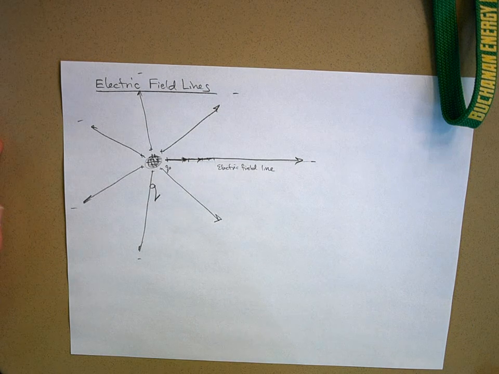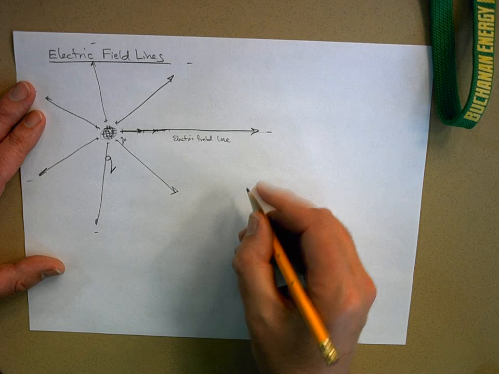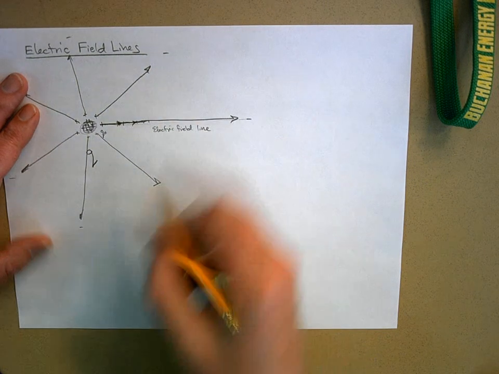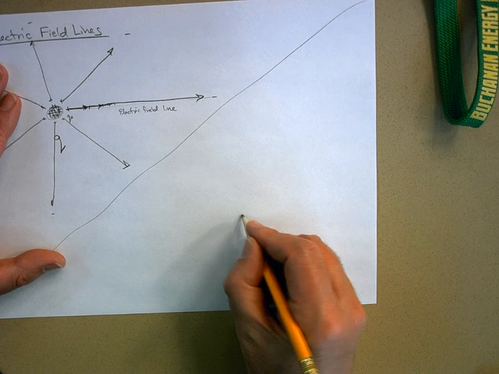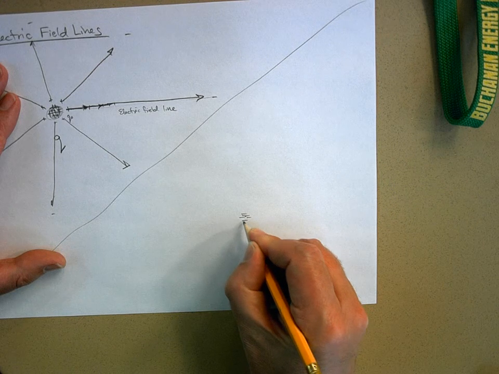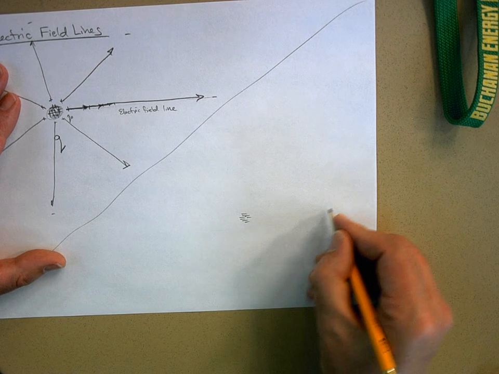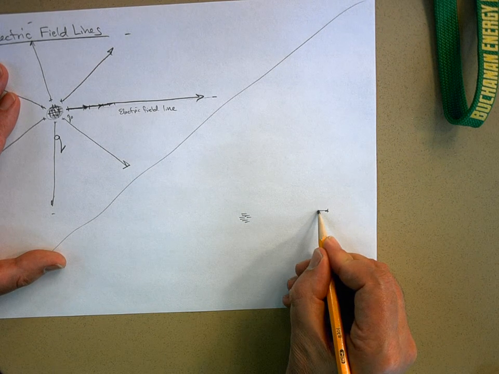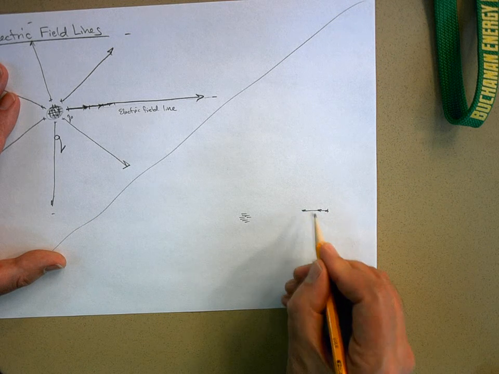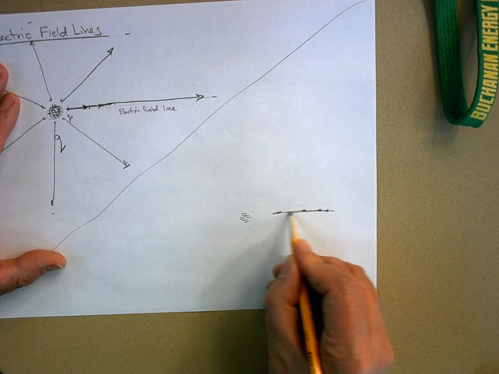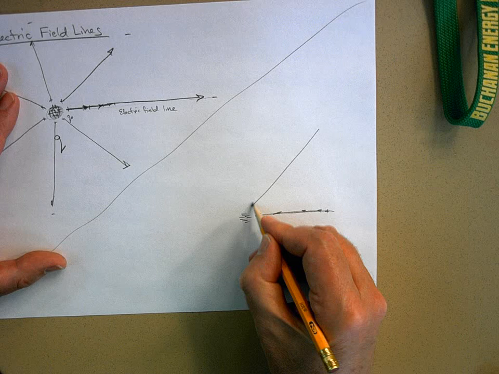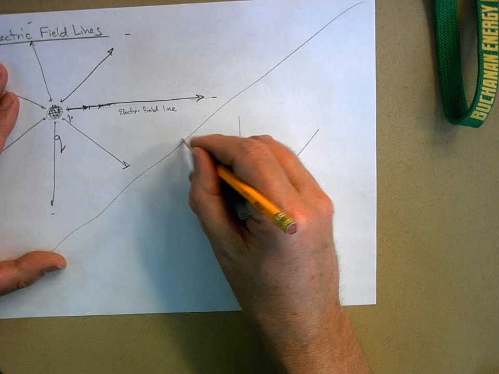What if I put negative charge right here? Now, this is a completely separate problem. What if I put a clump of negative charge right here? If I put my positive test charge here, it's going to be attracted. So the field line is going to look like this, depending on where I start.